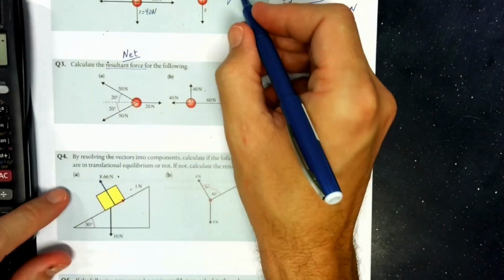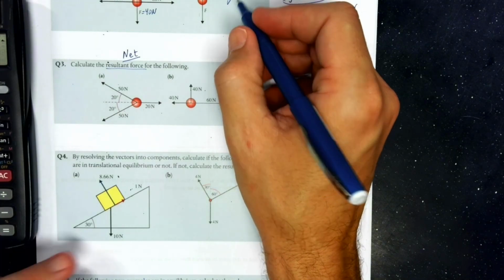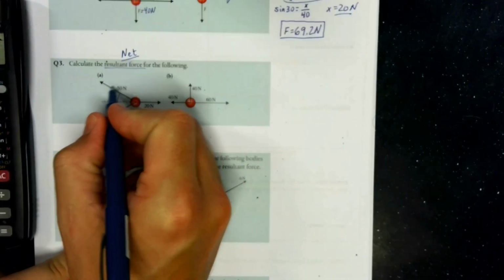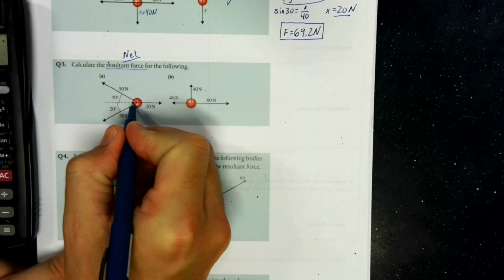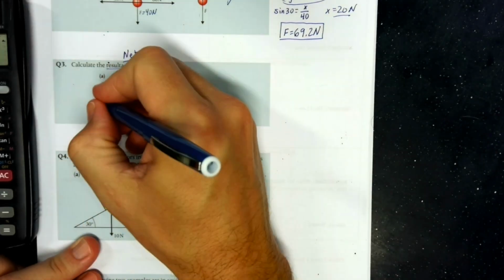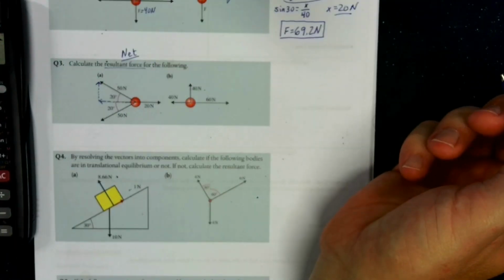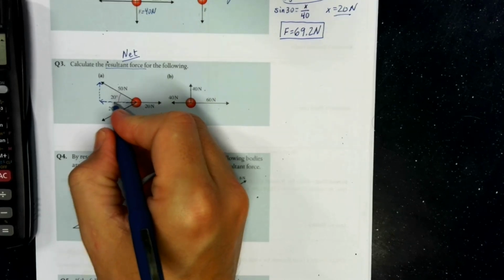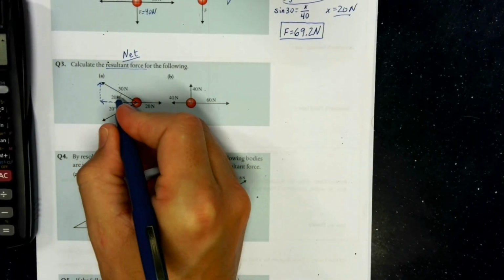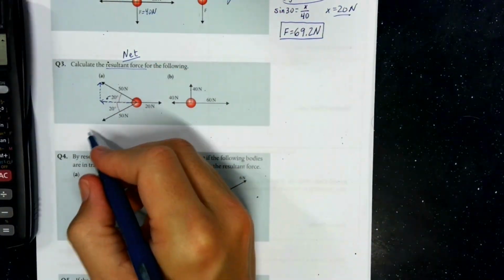Similarly, just like what we did up here, we are going to take the time to break these into components. I'm going to do the top one first. That one is going to break into a horizontal component and a vertical component. I'm going to do the horizontal one first. That's adjacent. For some reason my brain likes to do the adjacent side first.